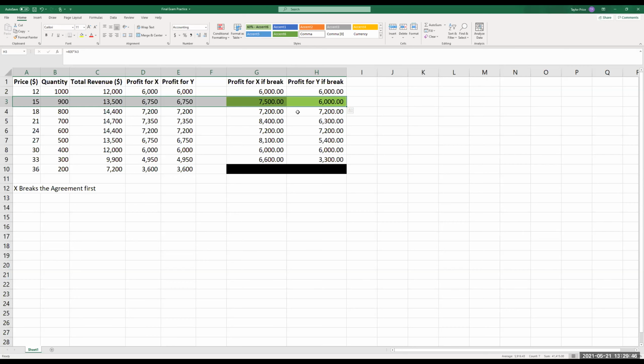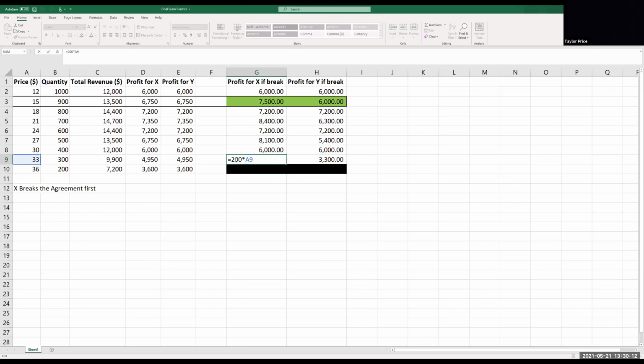But I just have one more quick question. In the beginning outcome, for profit for X, would it be 33 times 300, or would it be 33 times half of 300? How do you get that 6,600 number?